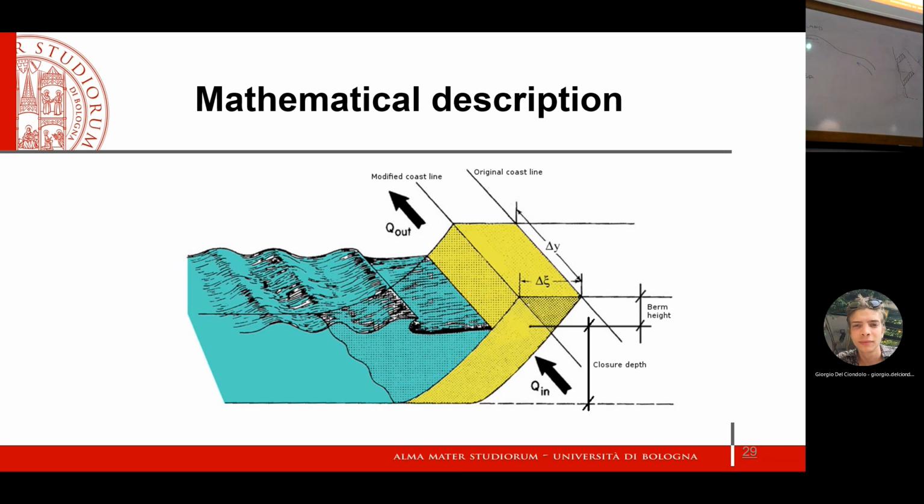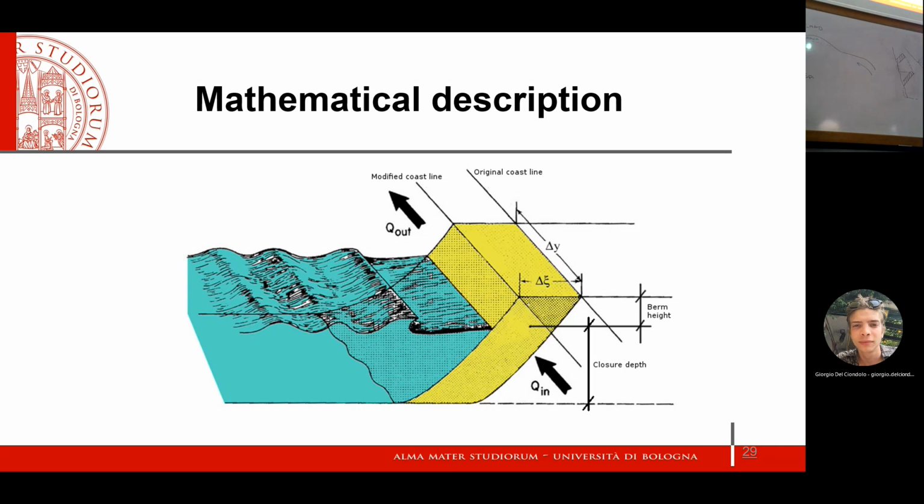So basically what happens after accretion is the formation of the yellow wedge, which was not there before. So you have an advance of the coastline of delta epsilon after accretion. And this advance is such that the slope of the beach is preserved and the direction of the coastline is preserved, which is, of course, not true.